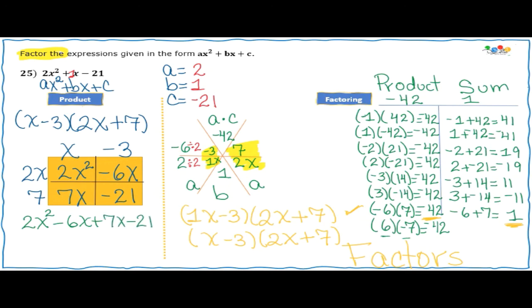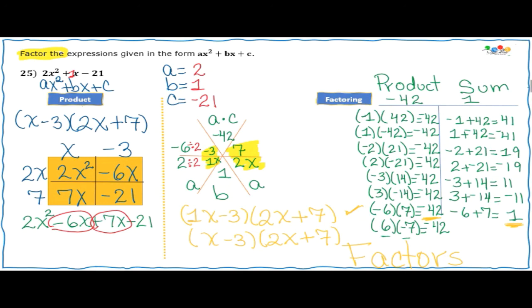And what you're saying, Miss, that's not my final answer. No, it's not, because the next thing we need to do is, yes, you're right, combining like terms. So who can I combine? You're right, we're going to combine negative 6x and positive 7x, right? So 2x squared, it's by itself.